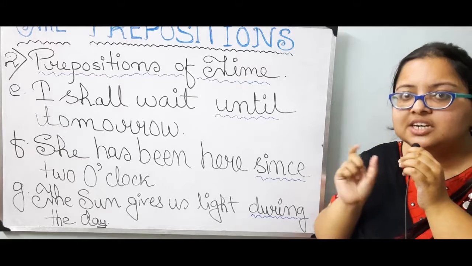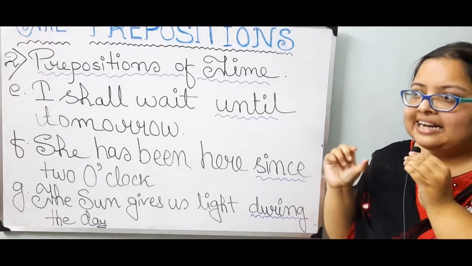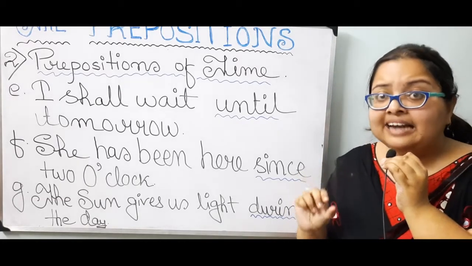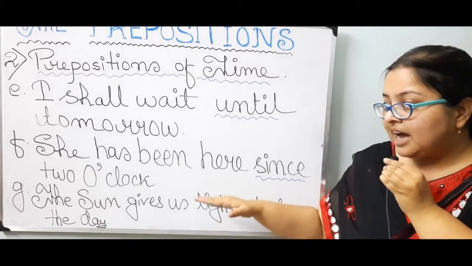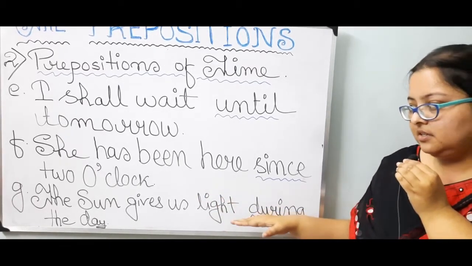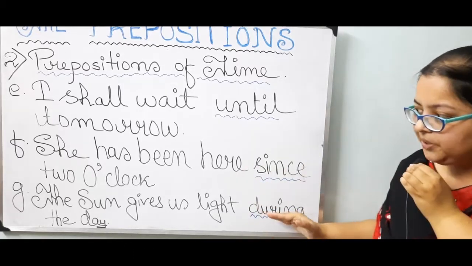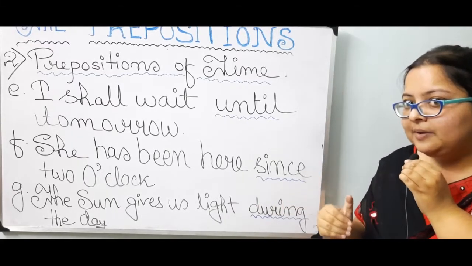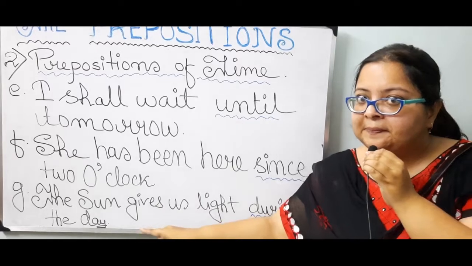When you are mentioning "during," okay, it means an activity is taking place at that period of time. So, the sun gives us light. Okay? Not during the night, but during the day. So, specifically, you can say during the daytime.